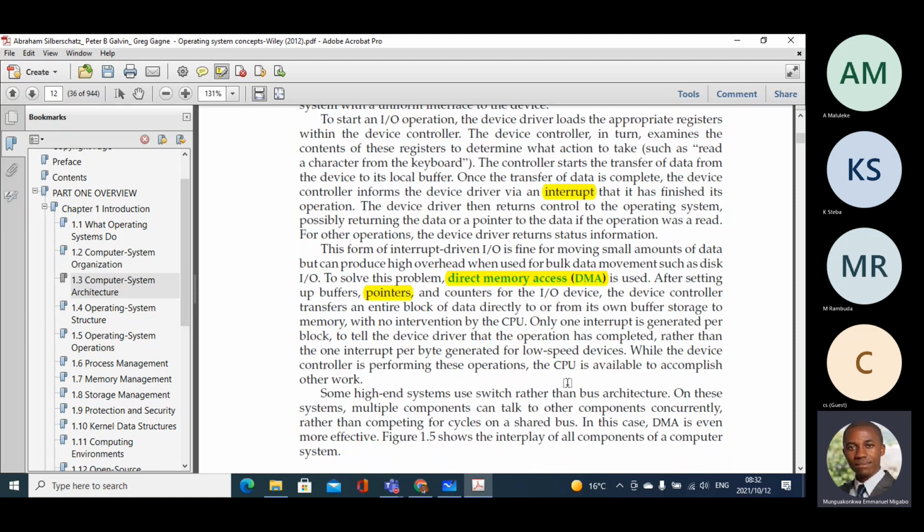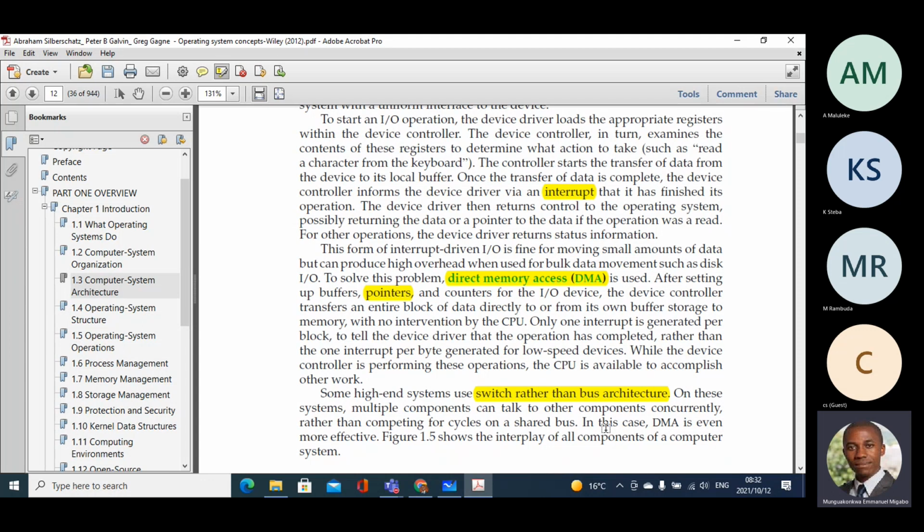Some high-end systems use switch rather than bus architecture. Here I will link this once more to one of your other subjects, computer architecture. The bus, of course, we define as a set of wires. Well, I say wires, but in reality, we know that these are tracks of copper etched on a PC board.